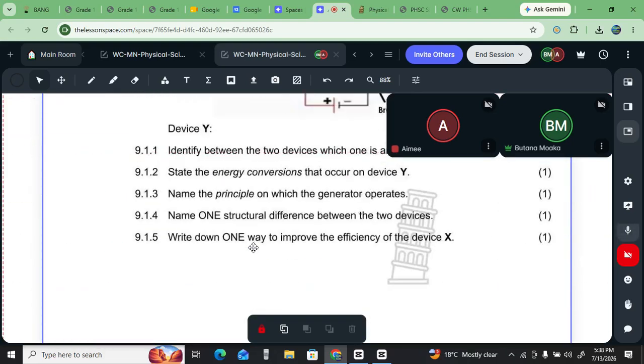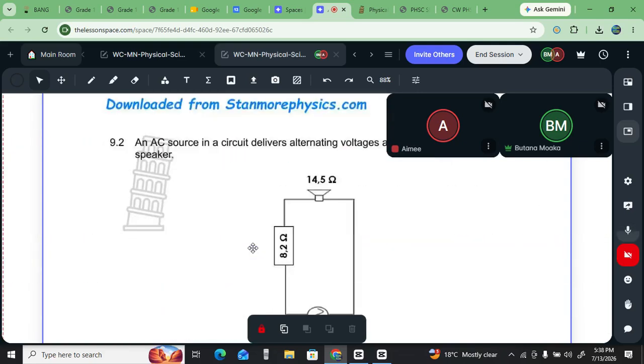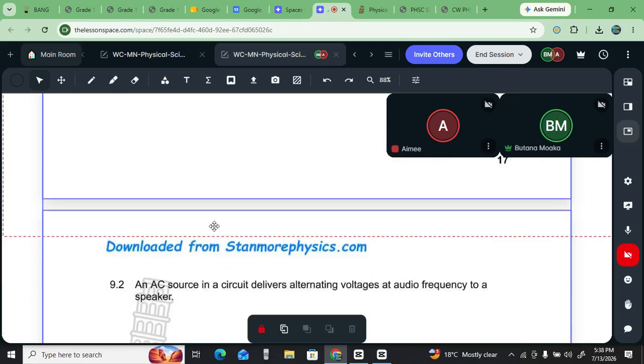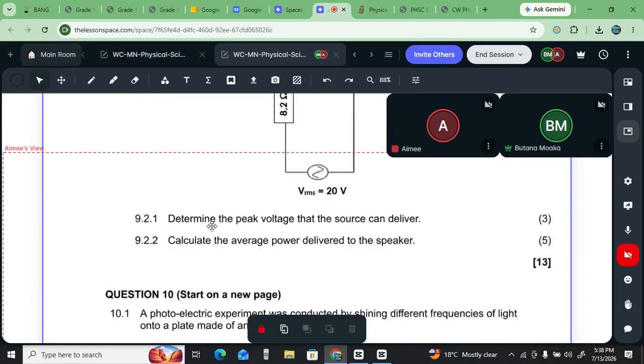Okay, so we're done with this part. Let's answer the following questions. On this one, I'm just going to look at what we are given on this 9.2.